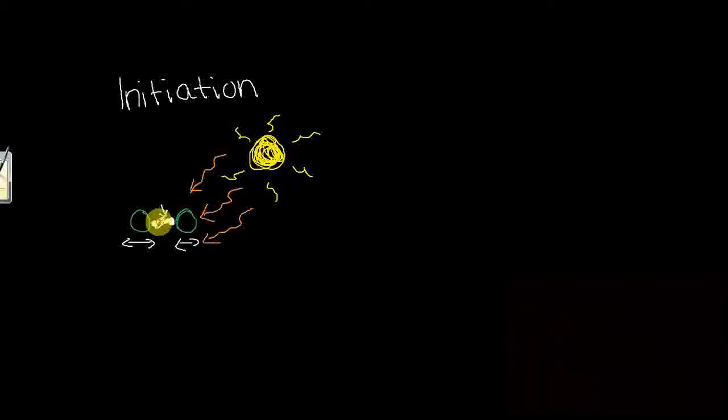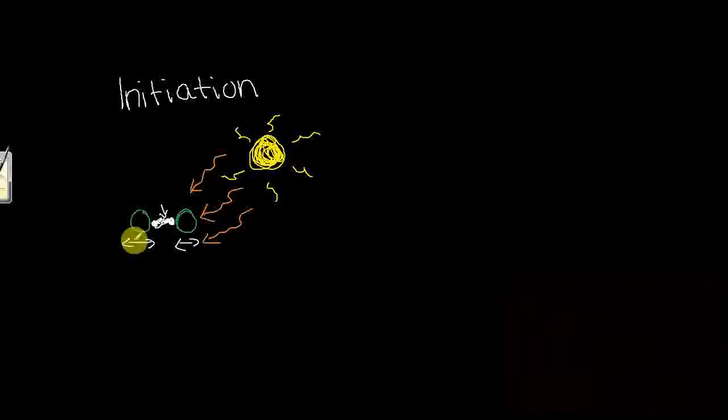So it breaks. Once that happens, we have the creation of, that's right, I drew it in red, hopefully you can tell what this is supposed to be, free radicals.